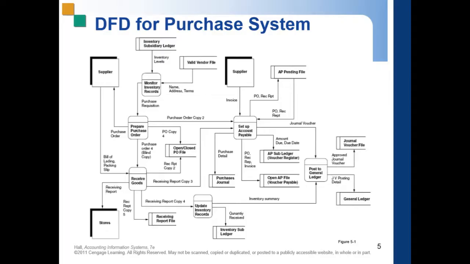Each voucher is recorded in the voucher register, and it reflects the accounts payable liability of the firm. The sum of unpaid vouchers in the register is your firm's total accounts payable balance. The AP clerk then files the cash disbursement voucher along with supporting source documents in the voucher payable file.